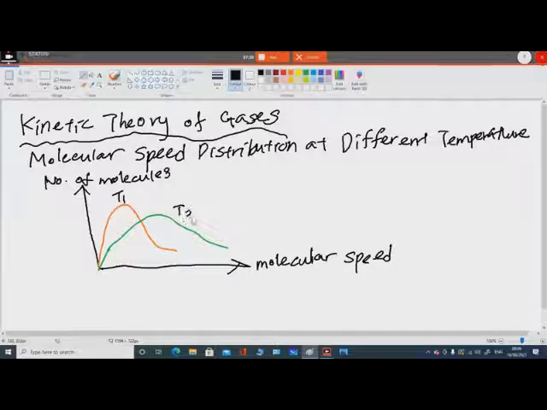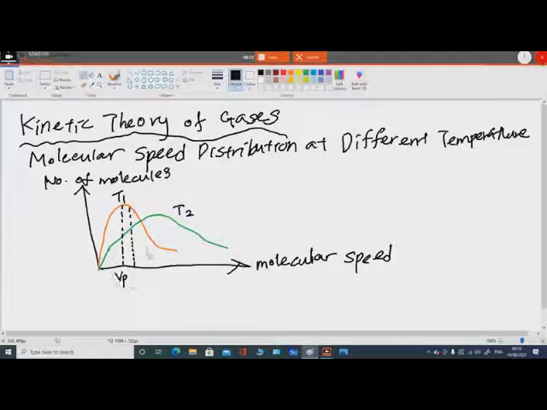We know that the central tendency, the peak here, is the most probable speed. Further along, the number of molecules is less than the number of molecules that have the most probable speed.